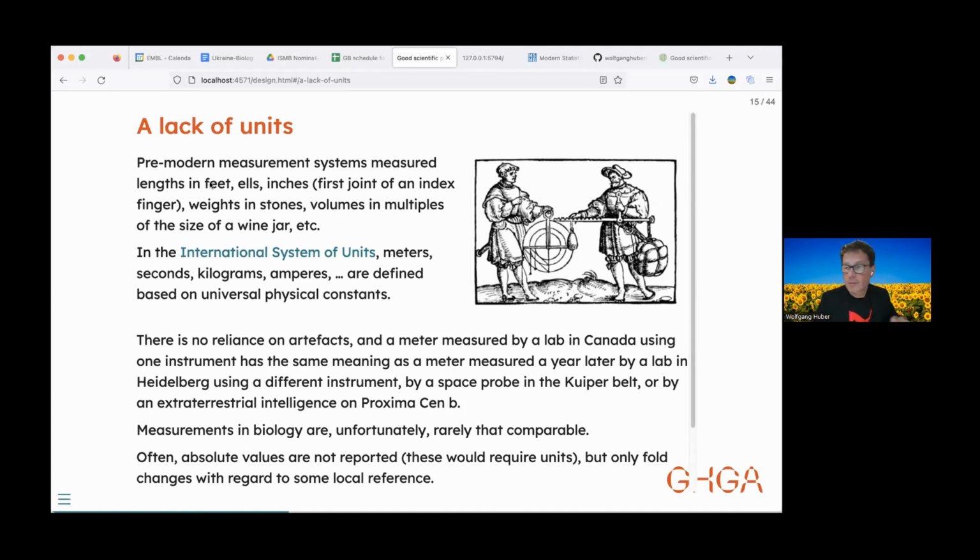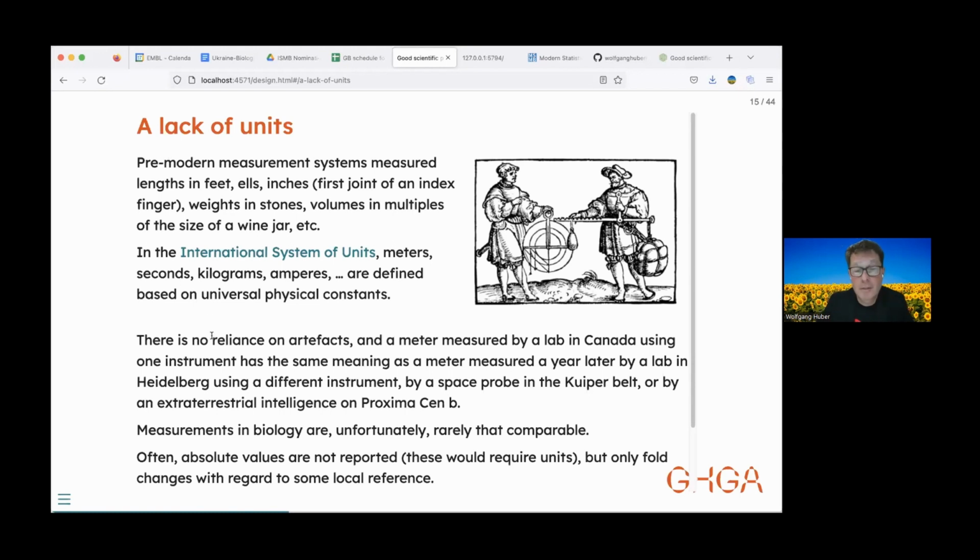So there were all of these batch effects in measurements, and you couldn't really compare measurements across different places, for instance. On the other hand, there was some value to these measurement systems, and they were internally perhaps coherent. In the International System of Units, which is a development that happened in the 19th century, units like meters, seconds, and so on are defined based on universal physical constants. In fact, one of the wonders of physics is that there's no reliance on artifacts here.